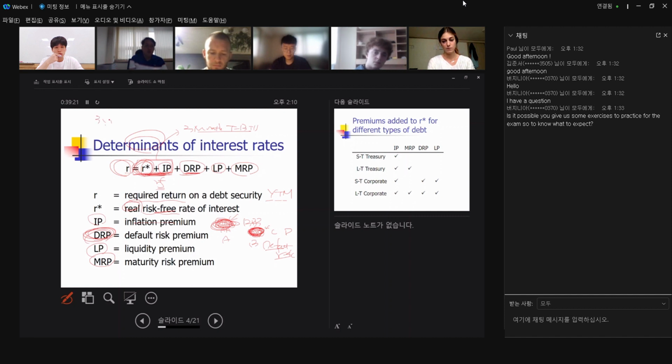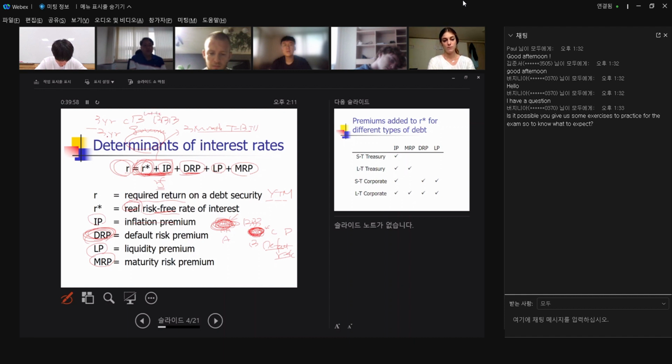The 3-year corporate bond rate minus the 3-year government bond rate, especially for triple B credit rating.